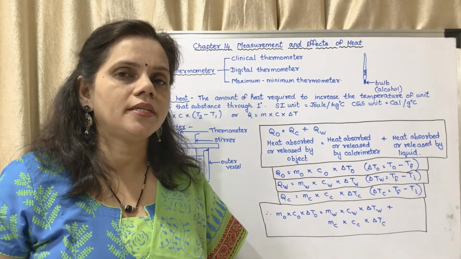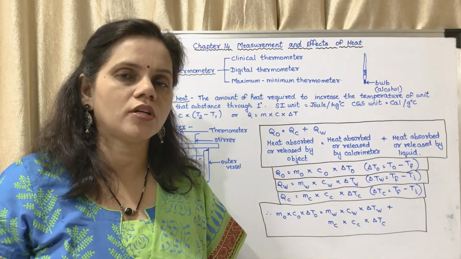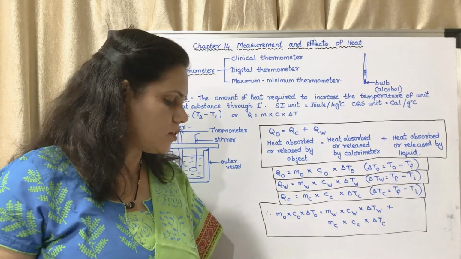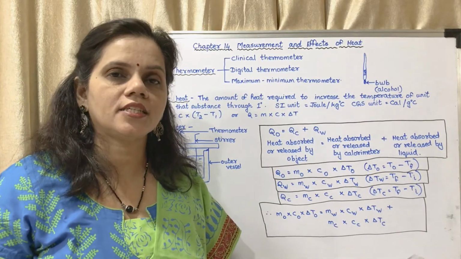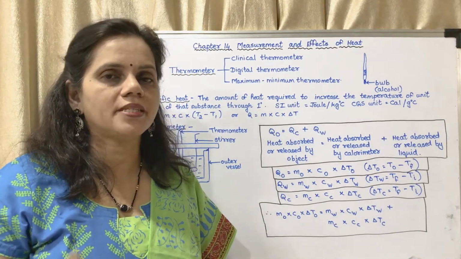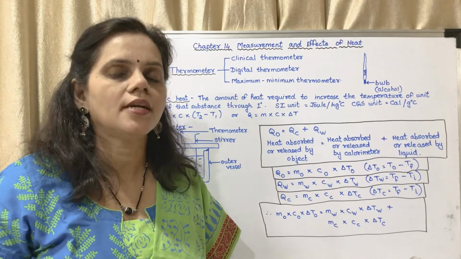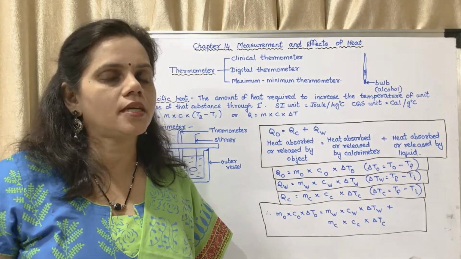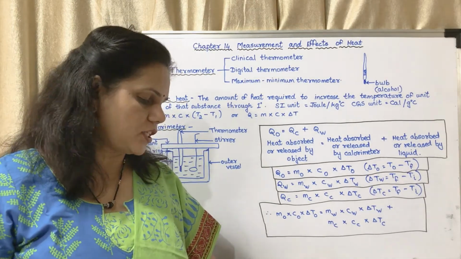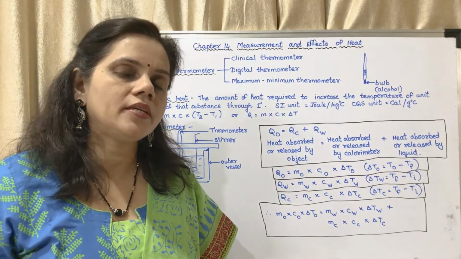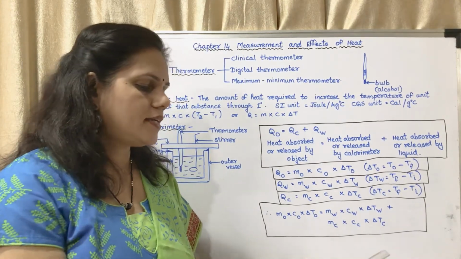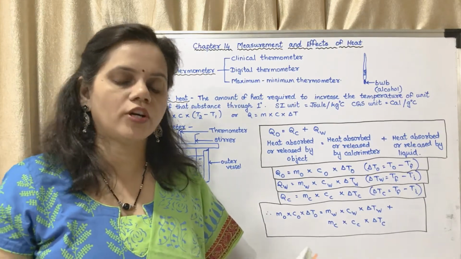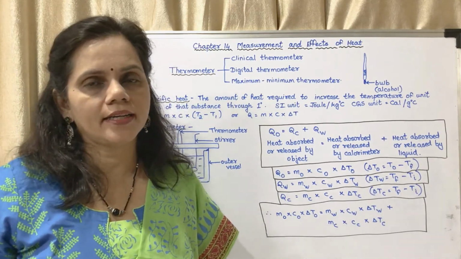The same thermometer is used for smaller ranges, about 35 degrees Celsius to 42 degrees Celsius, that means according to our body temperatures. Similarly, digital thermometers are also for that range. But the thermometer which is used in laboratories has a wide range, about 40 degrees Celsius to 110 degrees Celsius.